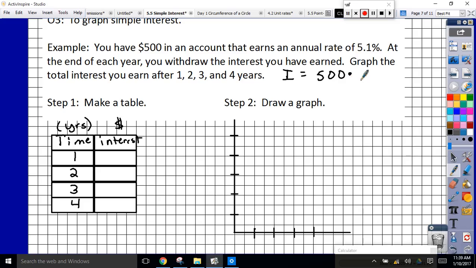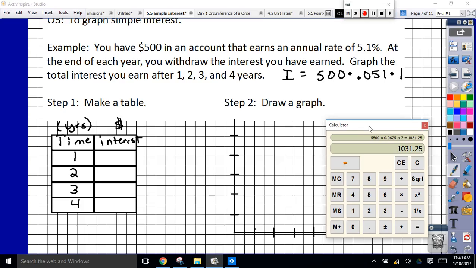Good, 0.051. And what's my time? 1 year. Good.